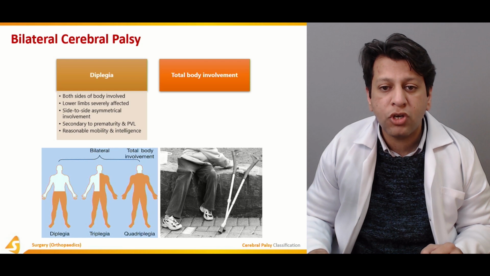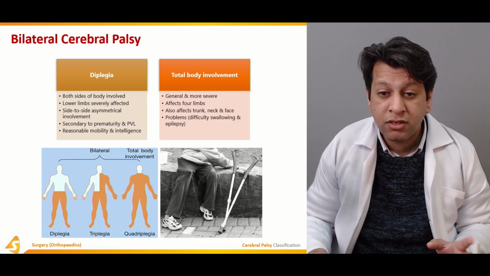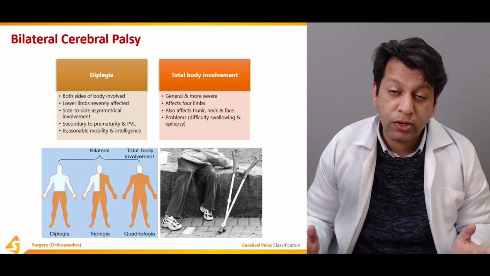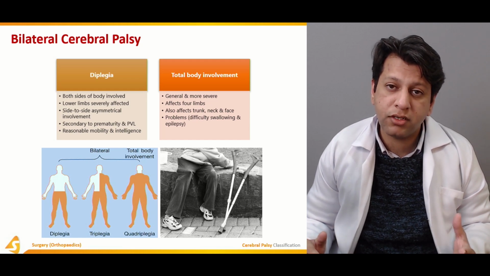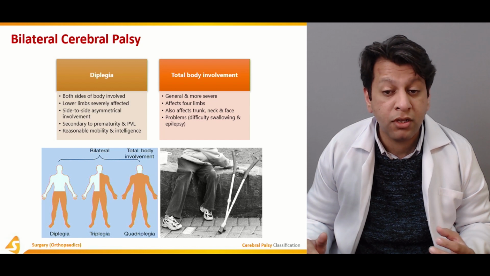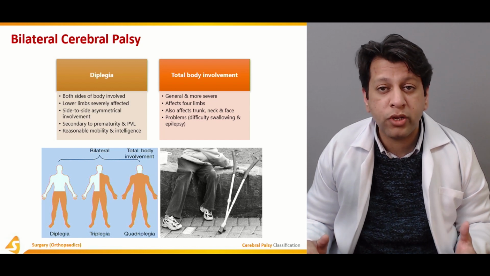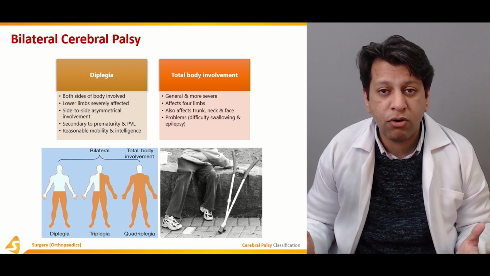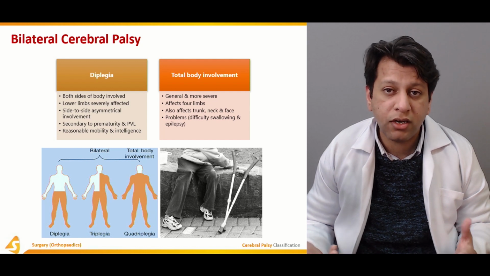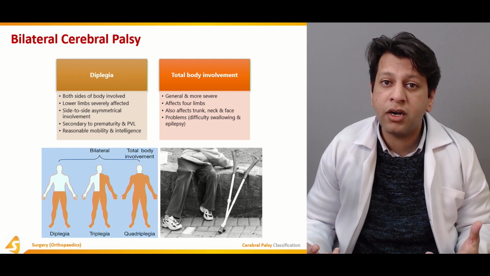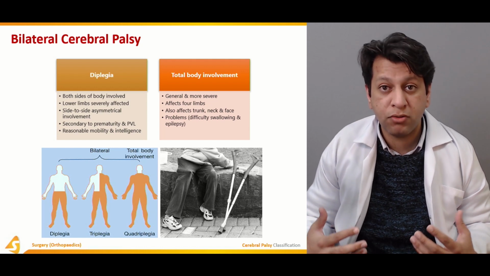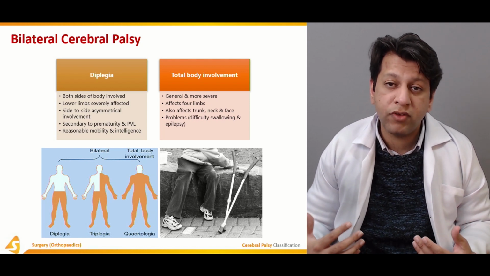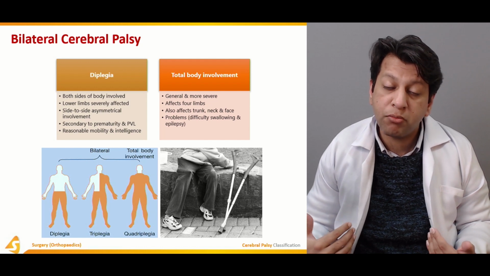Now, coming to total body involvement, if all four limbs are involved, it is a more severe form. Although it is very rare, it is always present, and it needs more care. As all four limbs are paralyzed, these children cannot really take care of themselves regarding food and hygiene, and sometimes they cannot even sit up properly because of severe scoliosis and involvement of the spinal muscles as well.